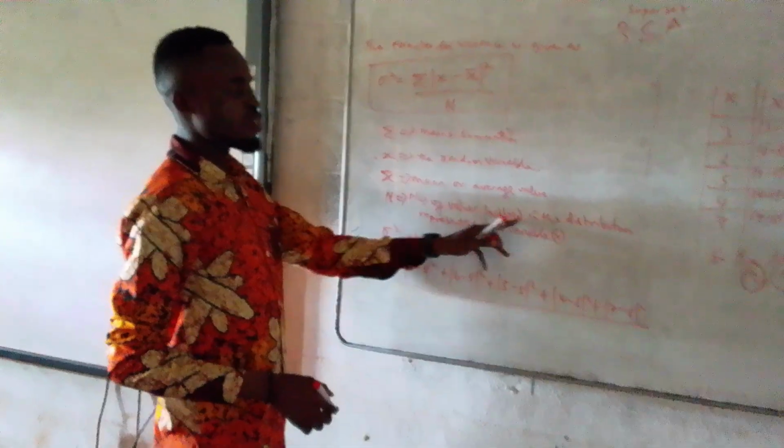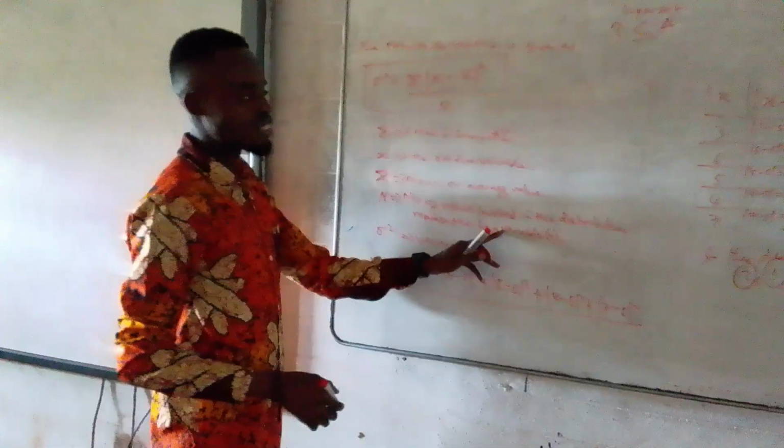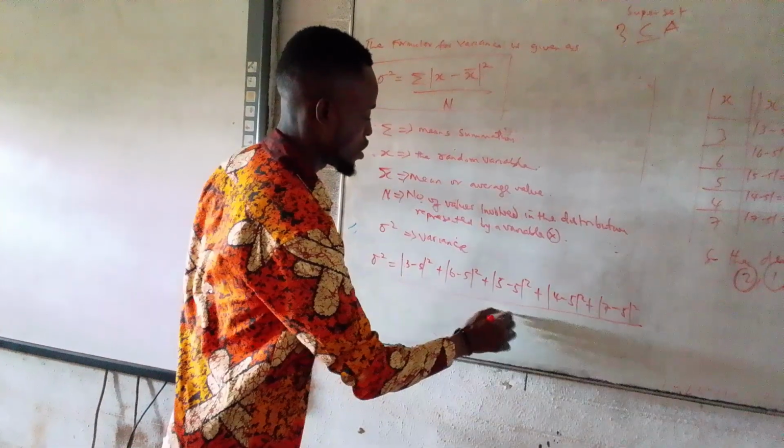Number of values involved in the distribution represented by a variable. We have 5 values.